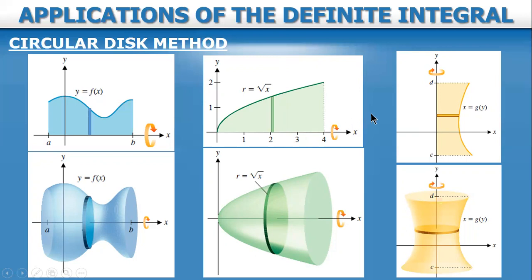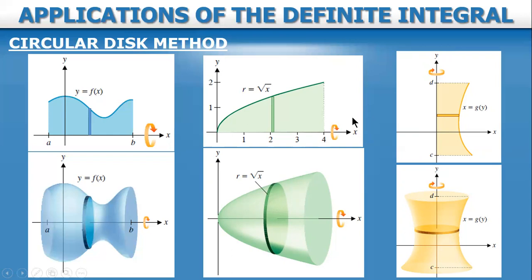The second is that you will get a circular disc if one end of the rectangular strip touches the axis of revolution. As you can see, one end of the strip touches the axis of revolution. For this one, one end of the rectangular strip touches the axis of revolution. As well as this one.